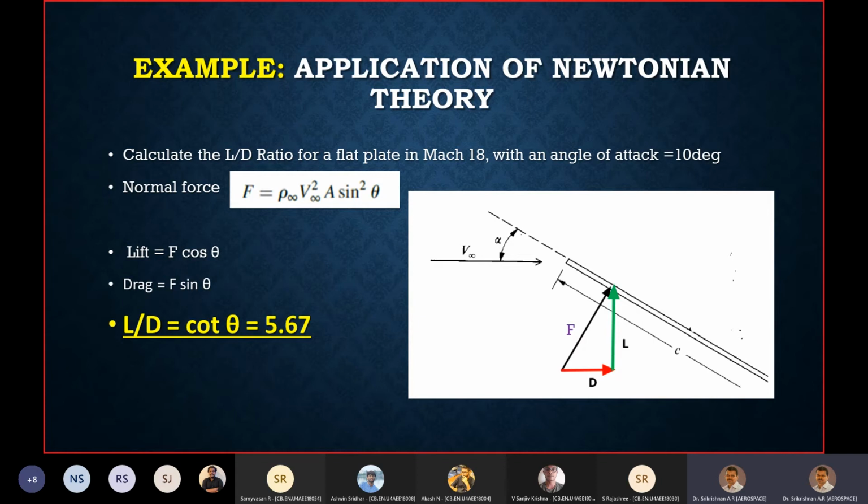So cot theta is given here, and you can calculate the ratio L by D as 5.67. Okay, so it's just a demonstration of how Newton's theory is made use of to calculate the aerodynamic force ratio, or rather lift to drag ratio.